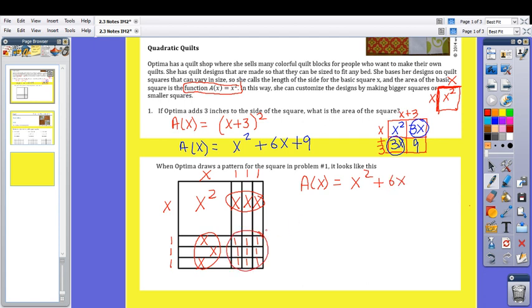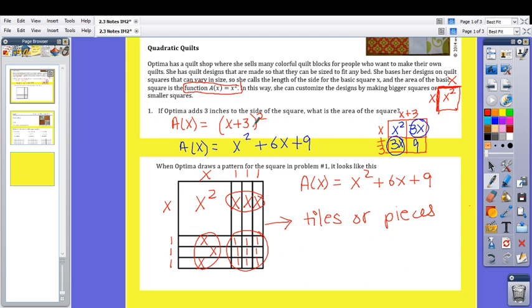And then these are 9 of them, so 9. So what we counted right now are the tiles, or we can also call them the pieces. These are the tiles or the pieces that we counted, and we got this area.